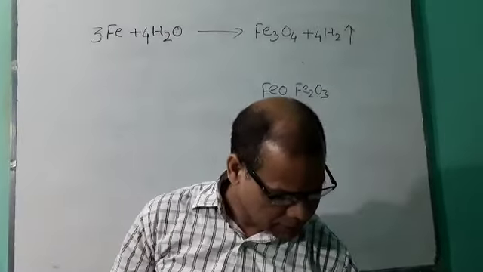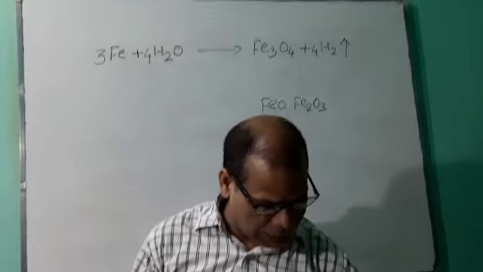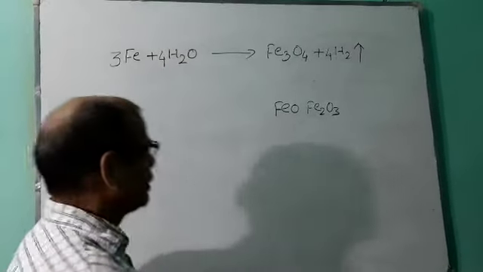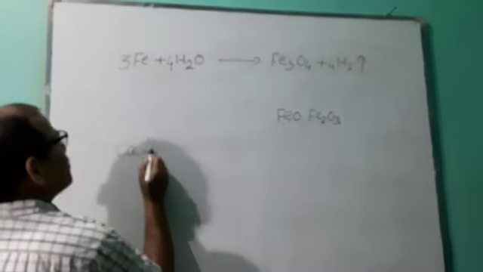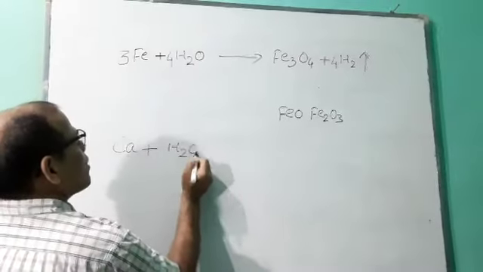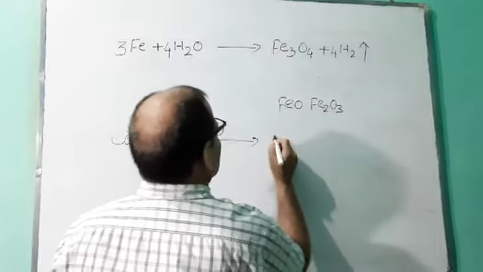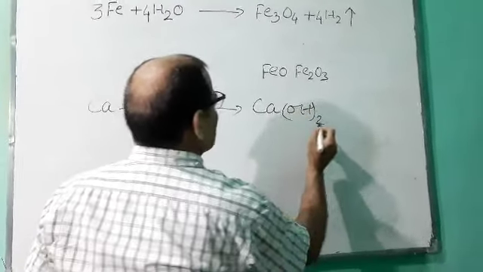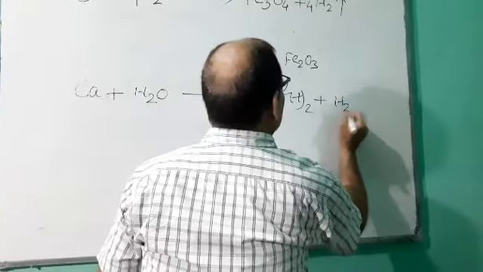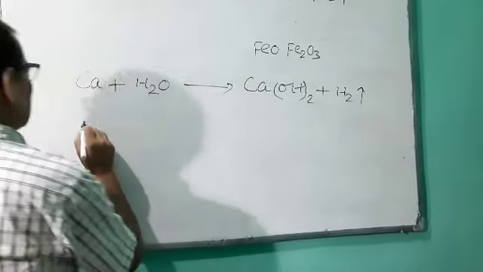Now next is calcium and potassium with water. Calcium with water forms calcium hydroxide plus hydrogen gas.